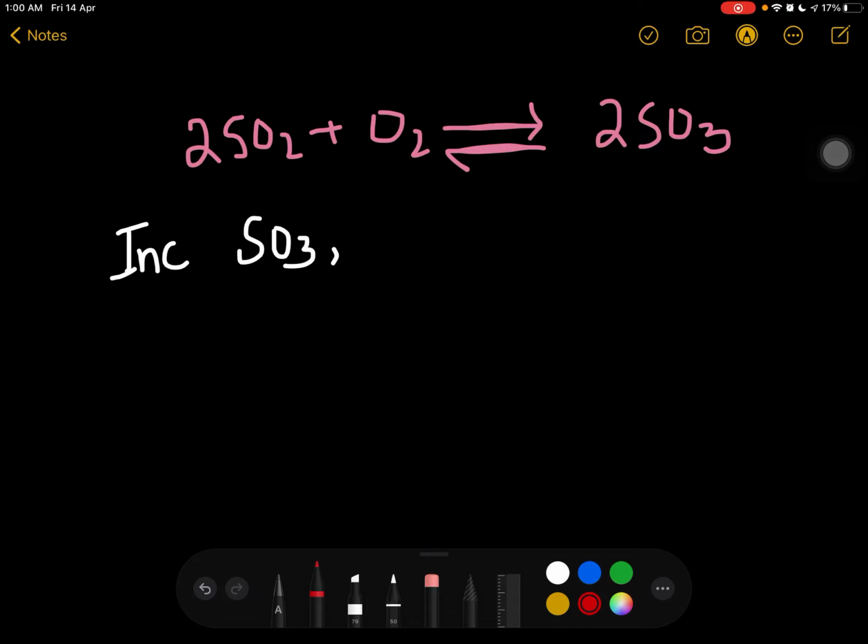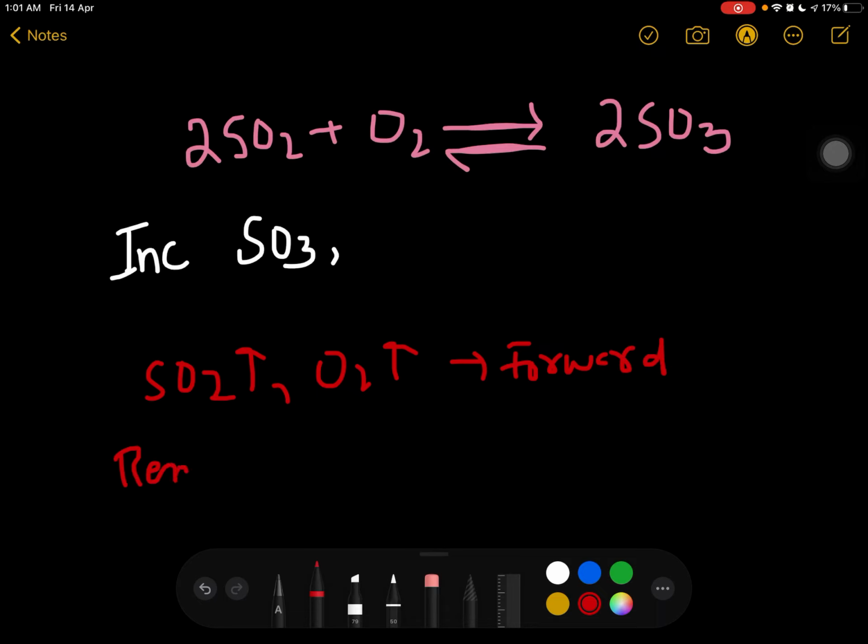First, I can increase the reactants, either SO2 or O2, so that the reaction will turn to the forward direction. Or I can remove SO3, so the reaction can be turned into the forward direction. This is how I can increase the production of SO3.